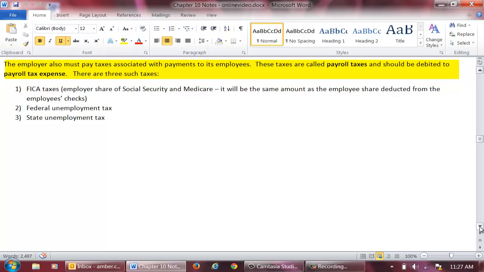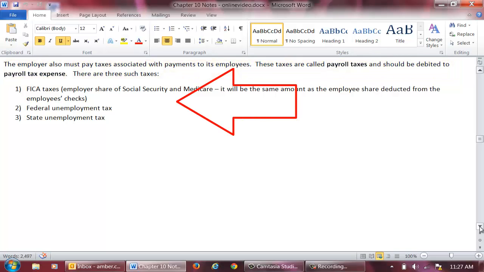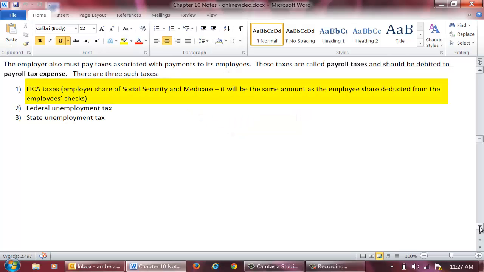These taxes are called payroll taxes and should be debited to payroll tax expense. There are 3 such taxes: FICA taxes, federal unemployment tax, and state unemployment tax. FICA taxes are the employer's share of Social Security and Medicare. This amount will be equal to the employee's share of FICA taxes.